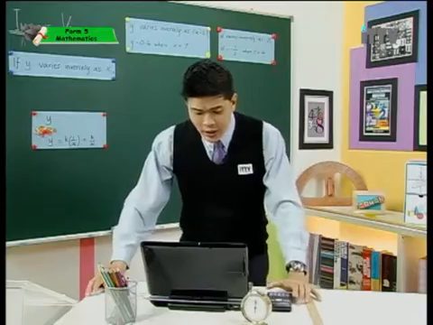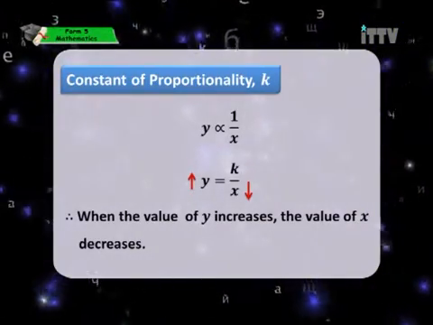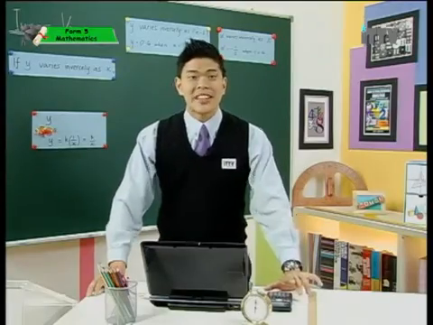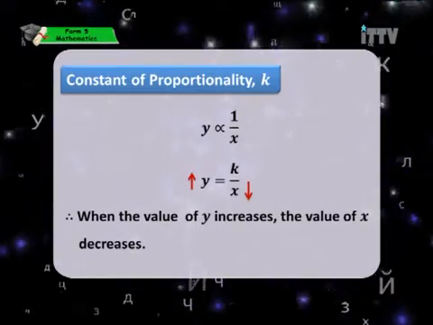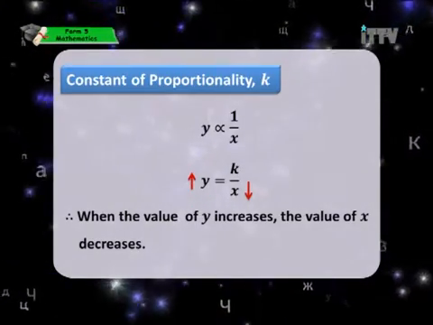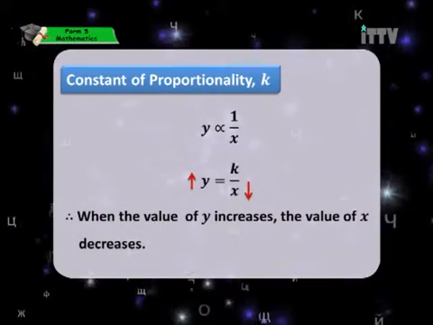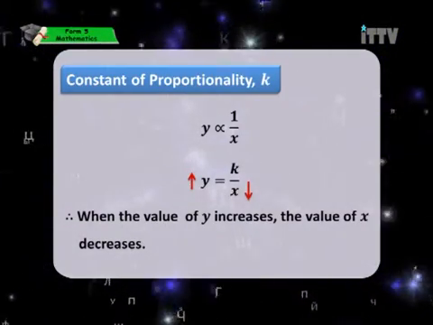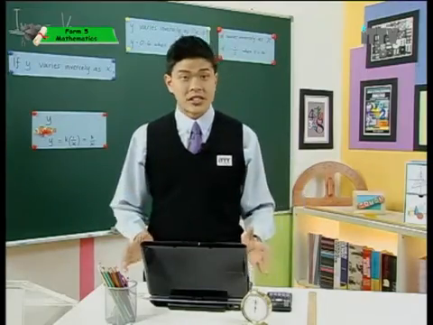So let's take a look now at the constant of proportionality K when it comes to inverse variations. So y varies inversely as x, or y varies as 1 over x, y equals k over x. When the value of y increases, the value of x decreases.